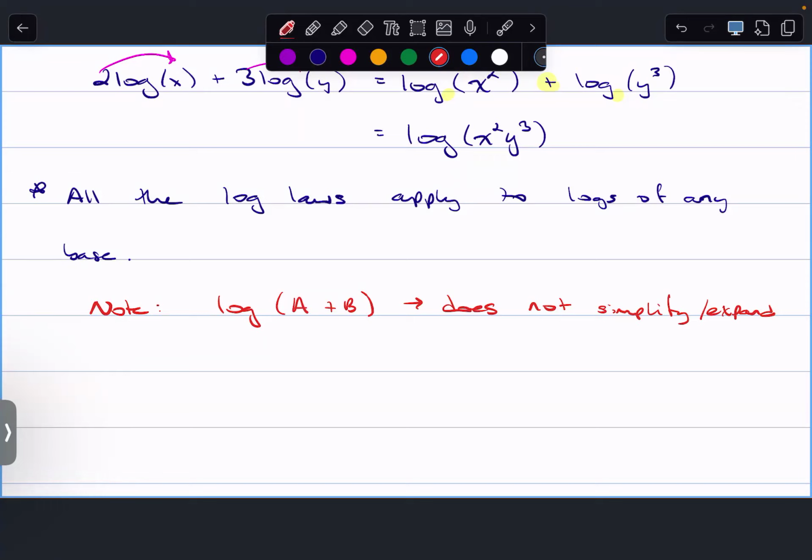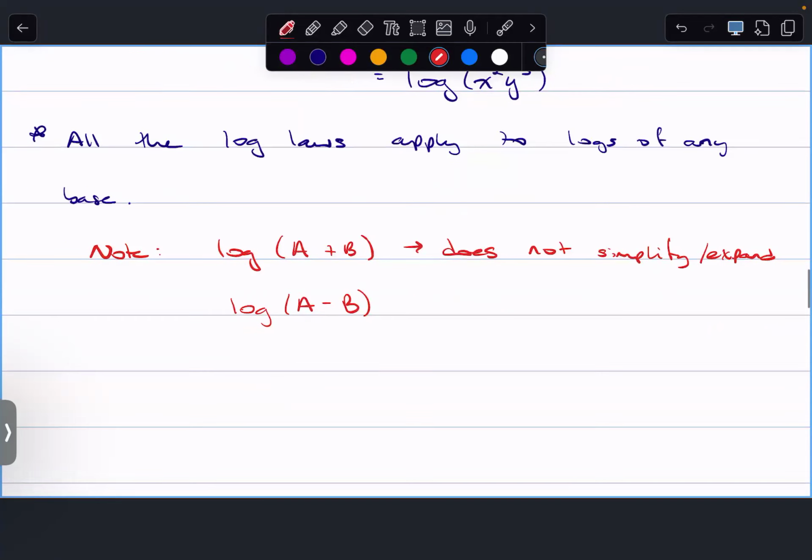We need multiplication inside in order for it to turn into addition outside. And same thing with the log of a minus b. Ditto. If you have addition and subtraction inside, then there's nothing you can do. You're stuck.